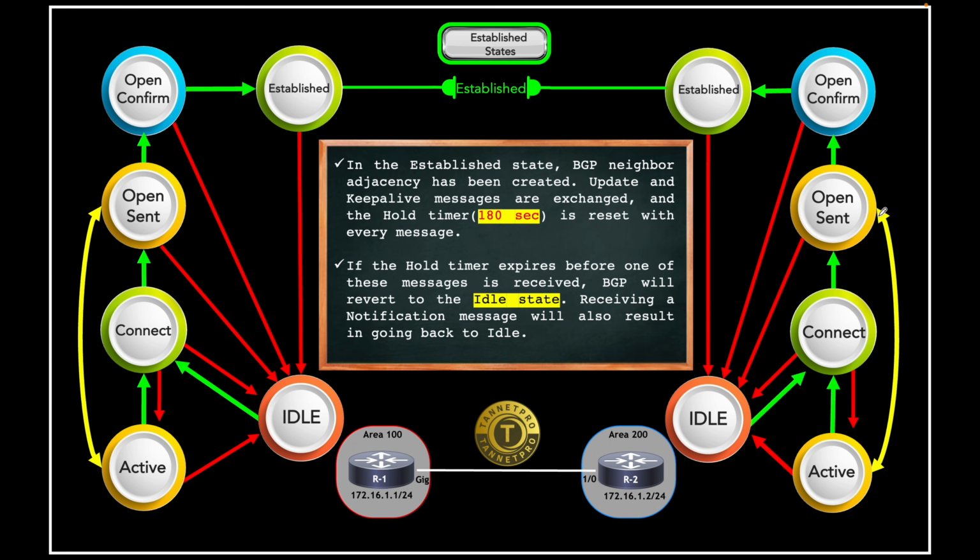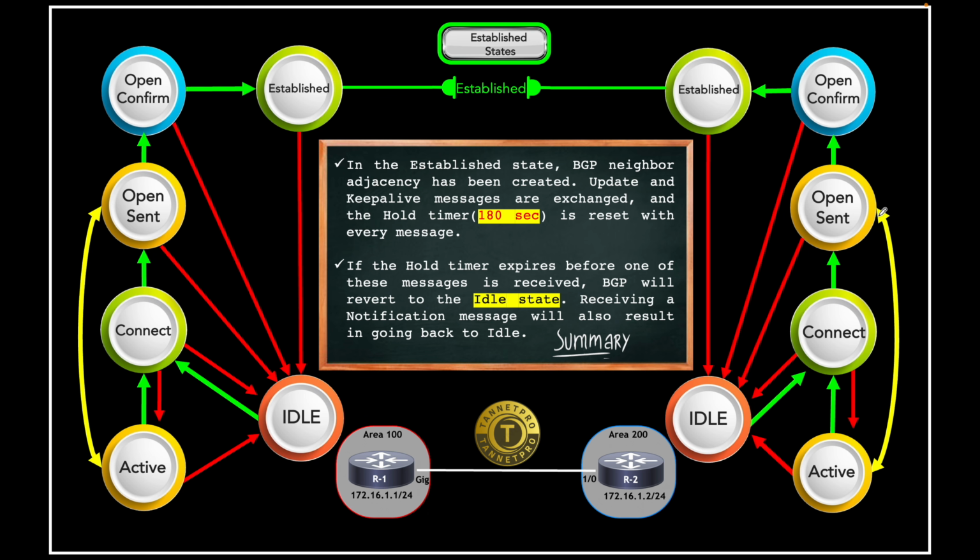So these are the parameters, the criteria, the states BGP goes through to establish a successful BGP neighborship. To troubleshoot and to understand the theory, you have to understand all these states and what happens in each state, so that you can understand deeply and troubleshoot.